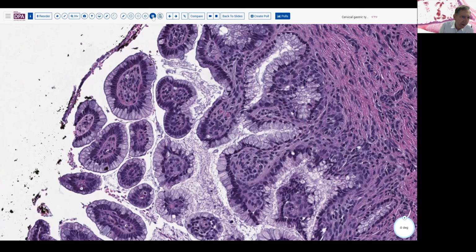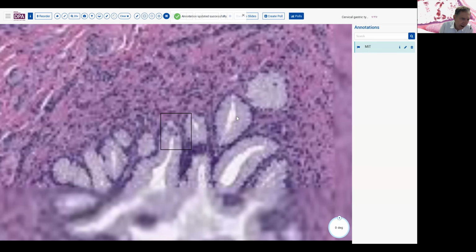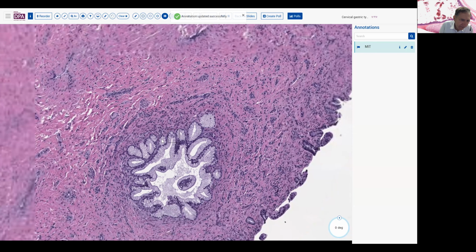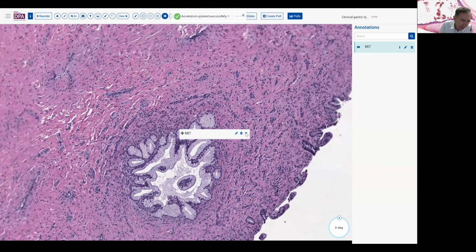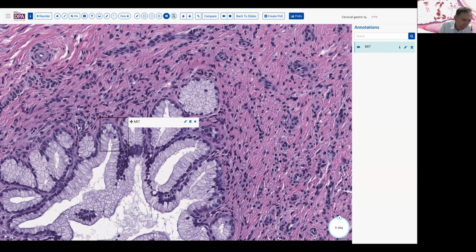So I hunted and hunted on this slide to look for mitotic activity, and I found one. So here's the mitotic figure that I identified in that first area. It's not a very convincing mitosis, but it's about as close as I could come.